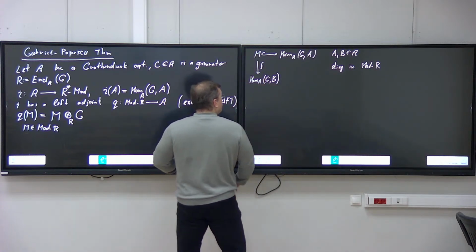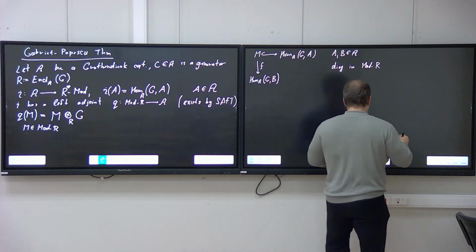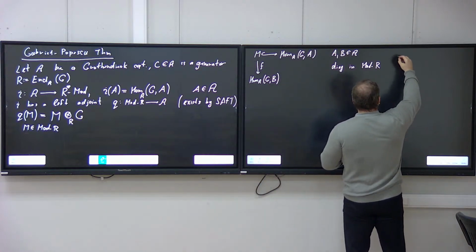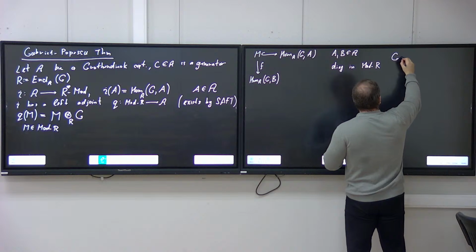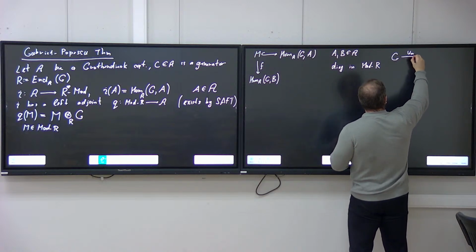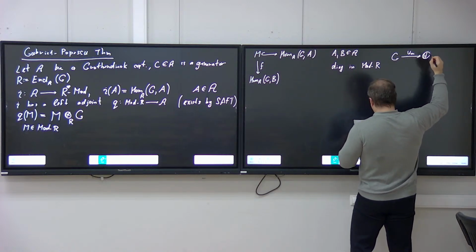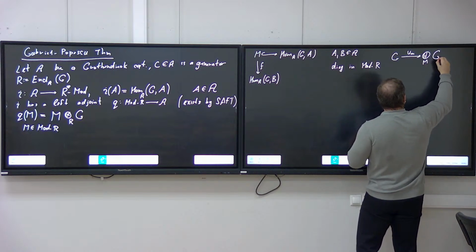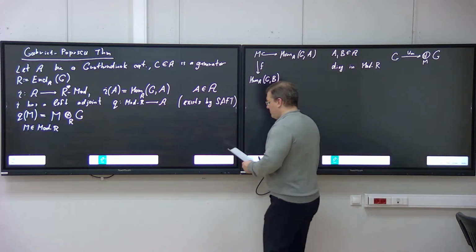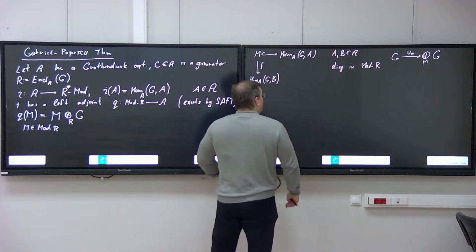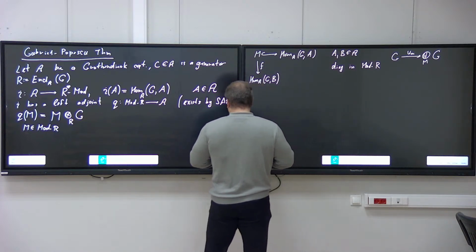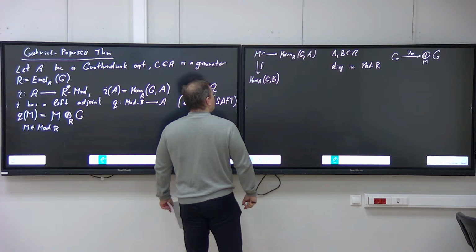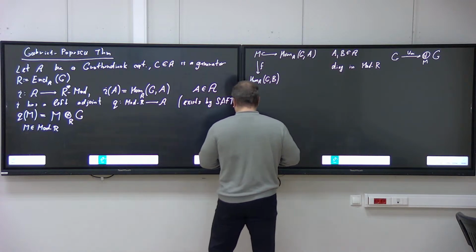So I also want to fix notation for the coproduct coprojections. So the G has a map, say u_m, to the direct sum over M of copies of the generator G. So then, using this diagram, I want to define two maps.